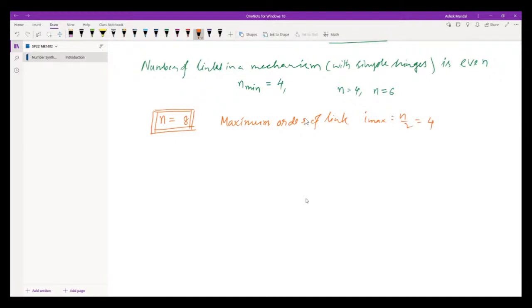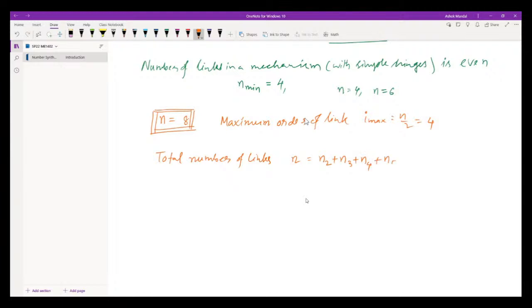So total number of links in a mechanism, if we calculate, n equals n2 plus n3 plus n4.